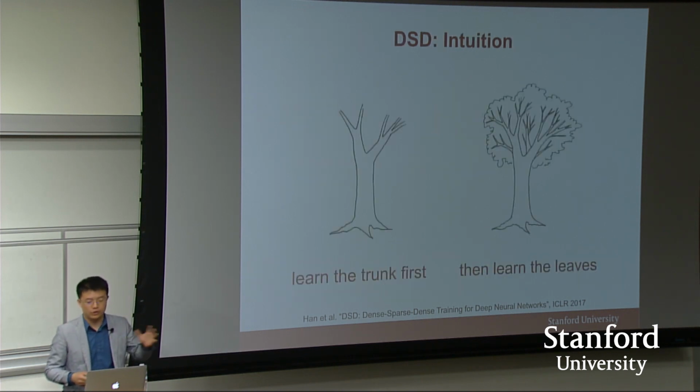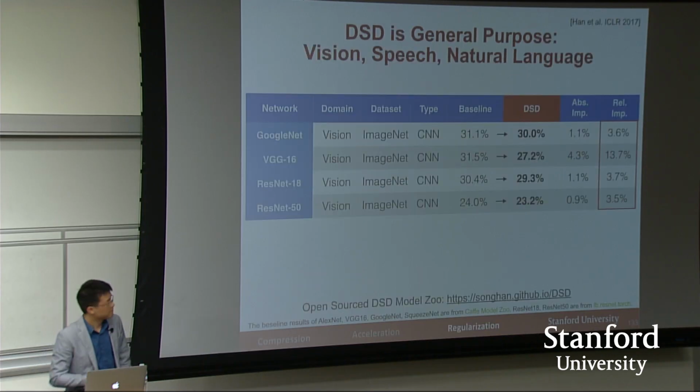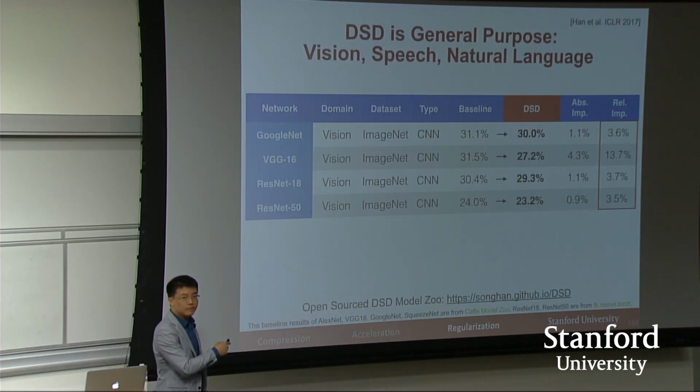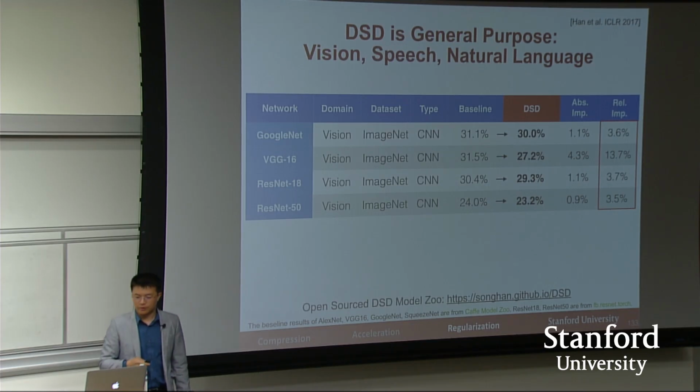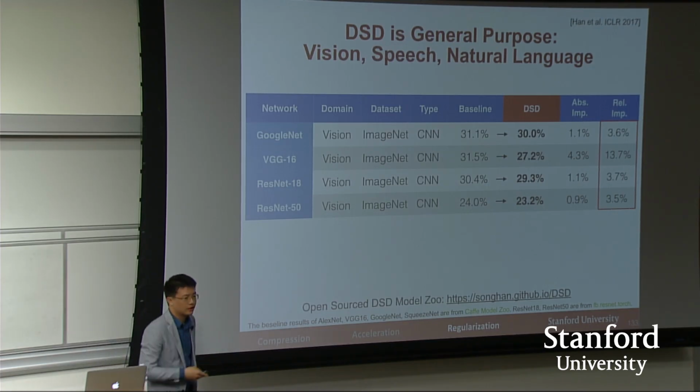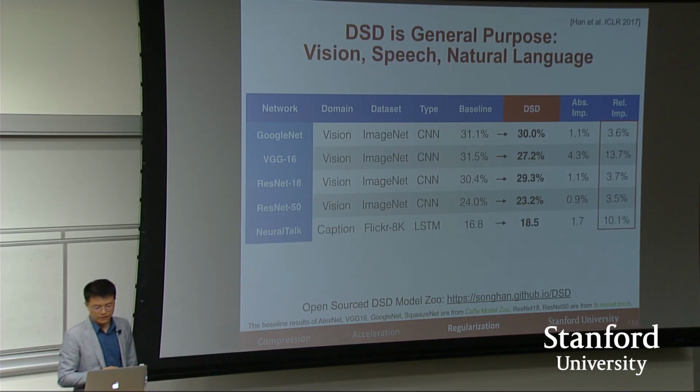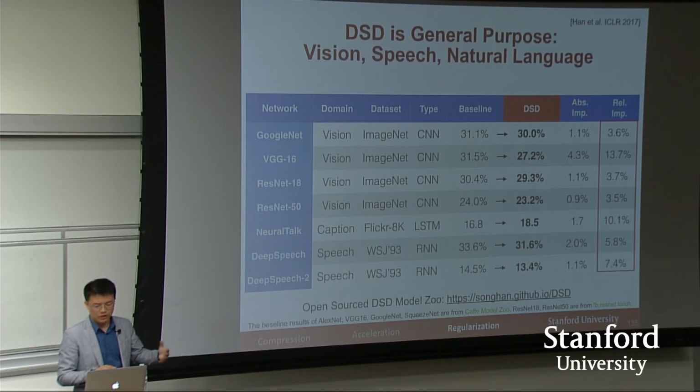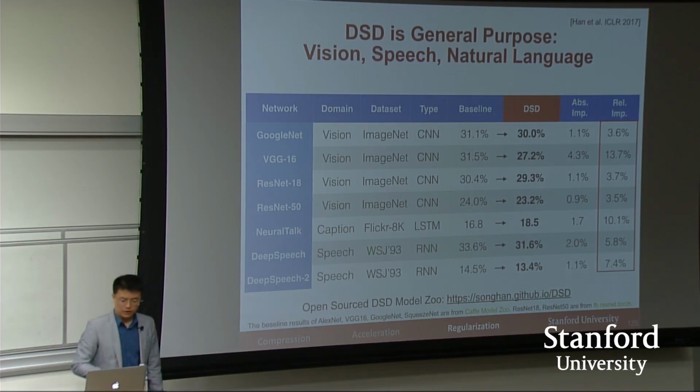It's like you learn the trunk first and then gradually add the leaves and learn everything together. It turns out on the ImageNet dataset, it gives about 1% to 4% absolute improvement in accuracy. It's also general purpose, working on long short-term memory and recurrent neural nets, in collaboration with Baidu.